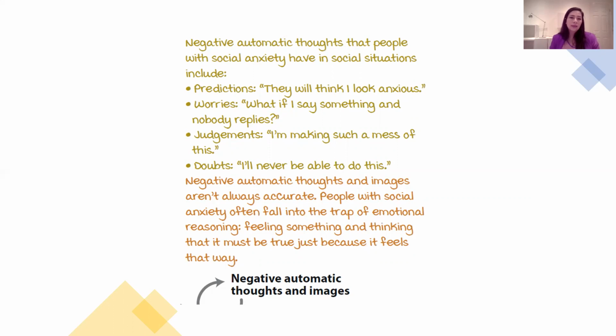And really, negative automatic thoughts and images aren't always accurate, right? People with social anxiety often fall into the trap of emotional reasoning, which is really feeling something and thinking that it must be true because it feels that way.